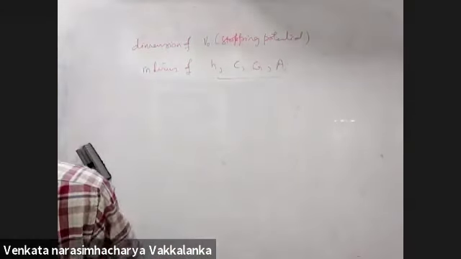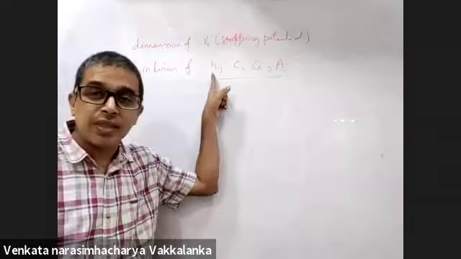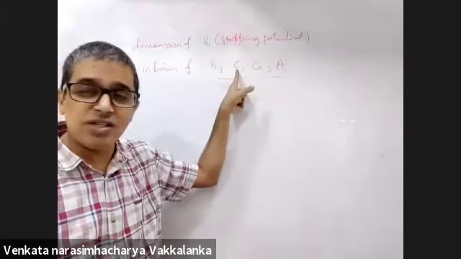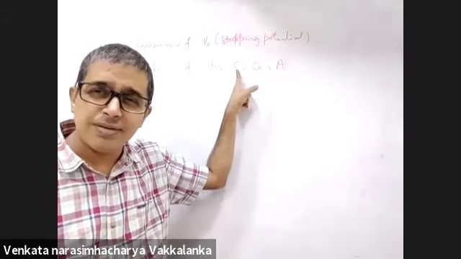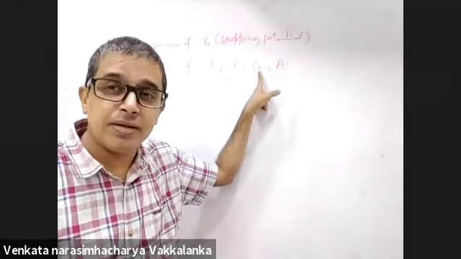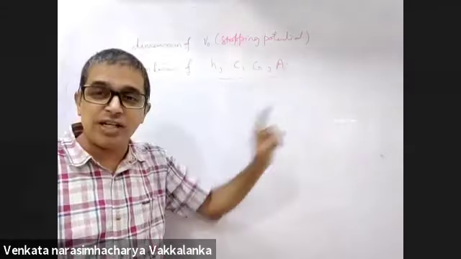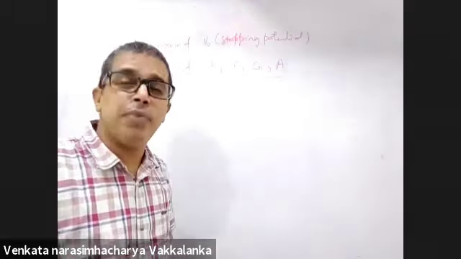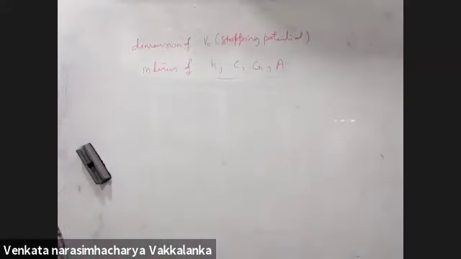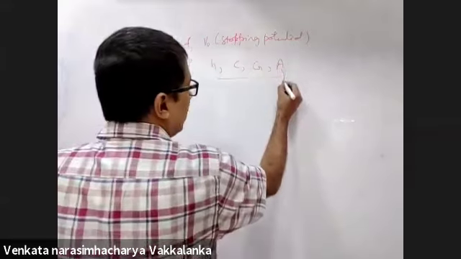H stands for Planck's constant, C stands for speed of light, G stands for gravitational constant, and E stands for ampere.